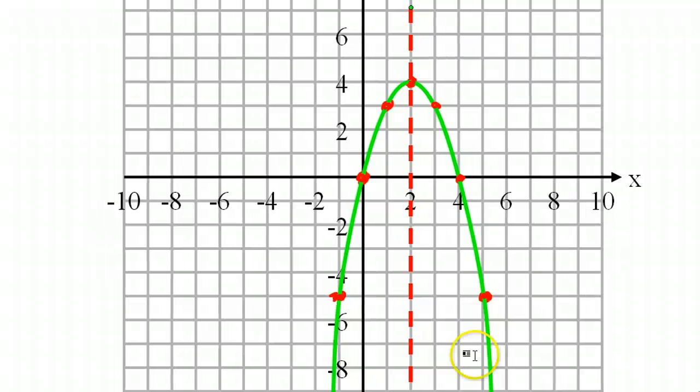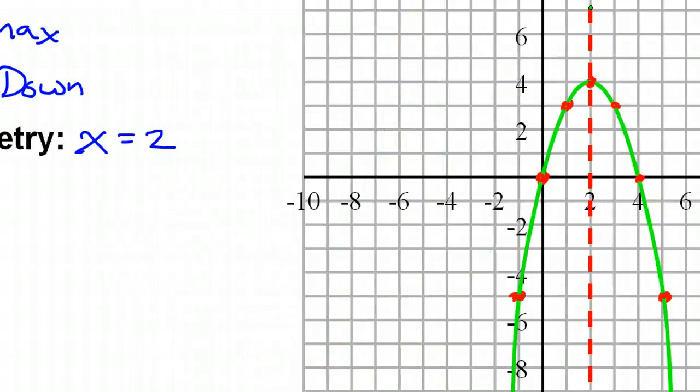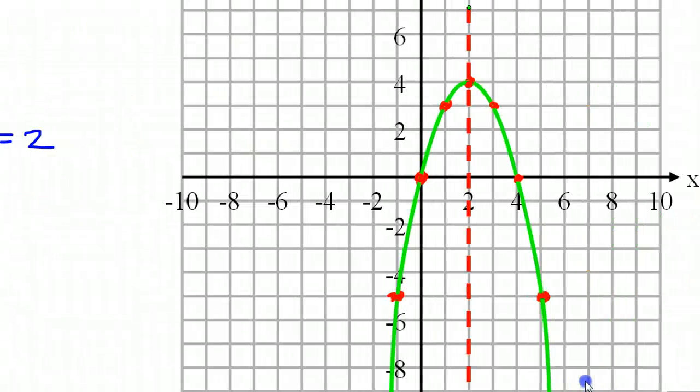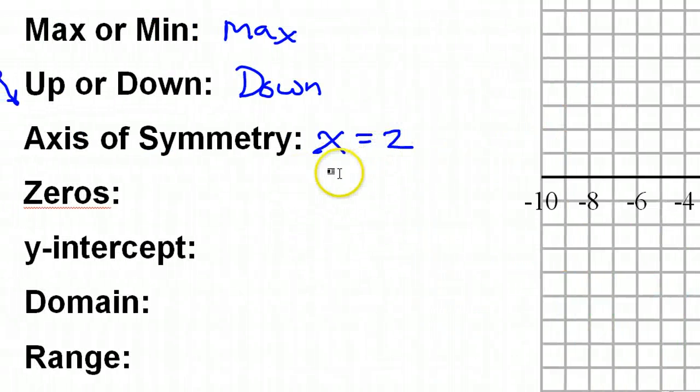Now the zeros. The zeros are x-intercepts. Okay, so the zeros, I'm going to redo them in purple real quick. The zeros are right here, these purple places. Okay, they are the x-intercepts of the graph. So that is 0, 0, and 4, 0.